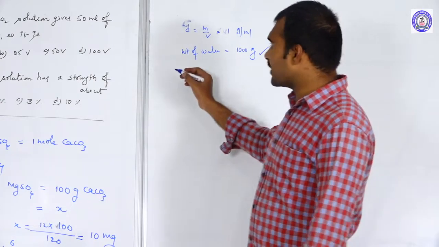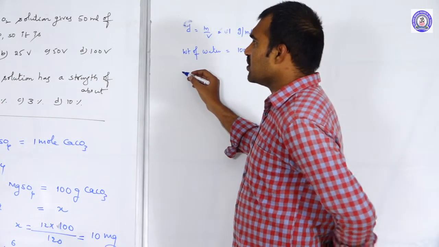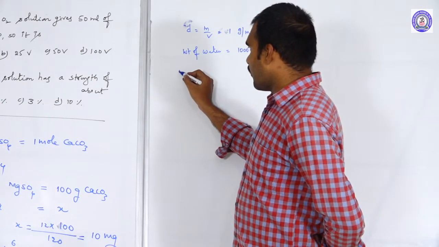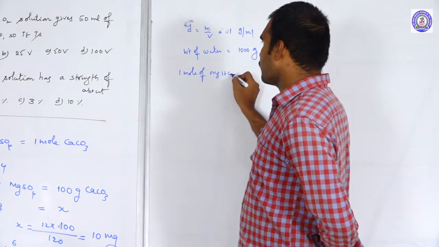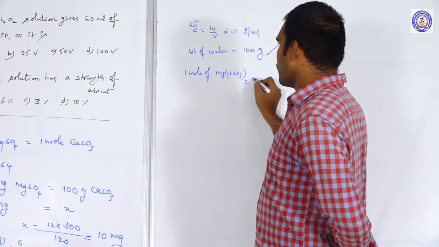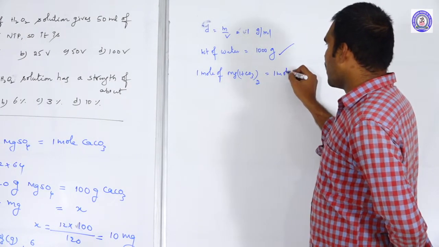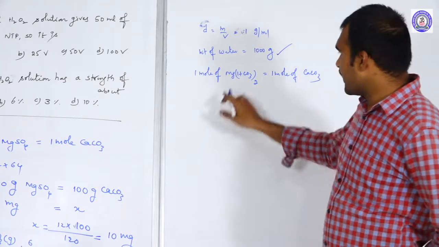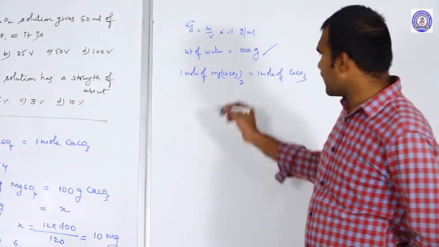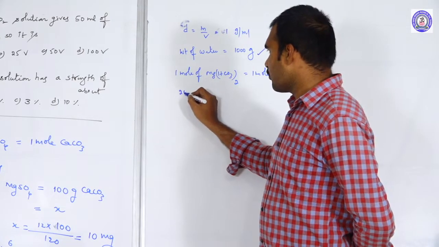Now, the weight of magnesium bicarbonate is given. 1 mole of magnesium bicarbonate is equal to the weight of 1 mole of CaCO3. What is the weight of 1 mole of magnesium bicarbonate? Magnesium is 24.